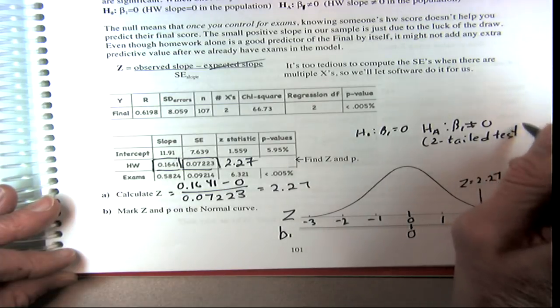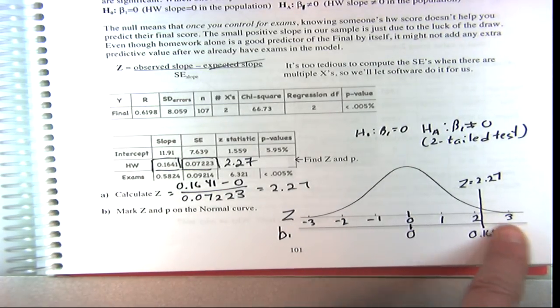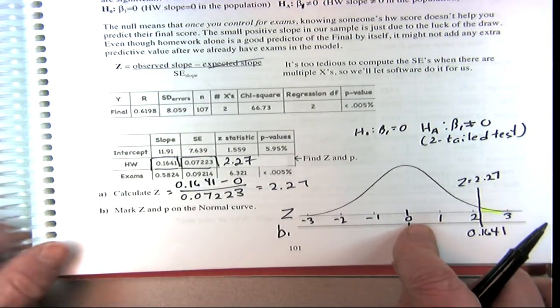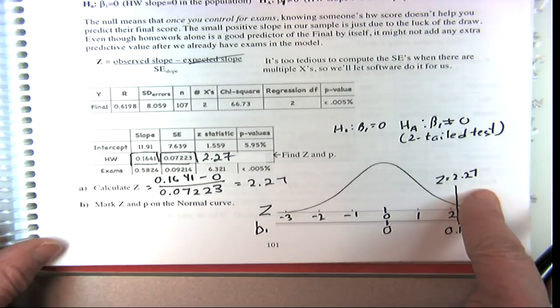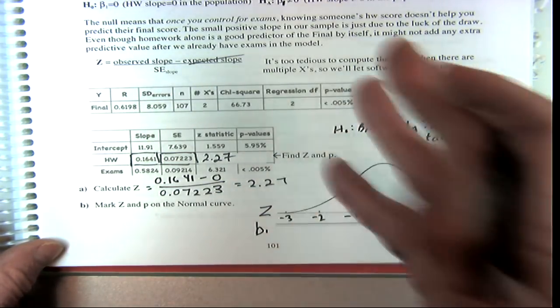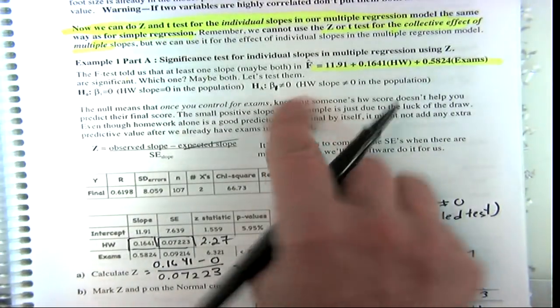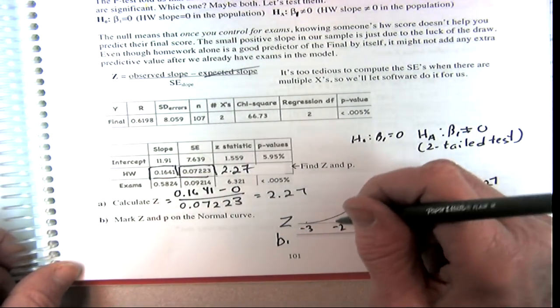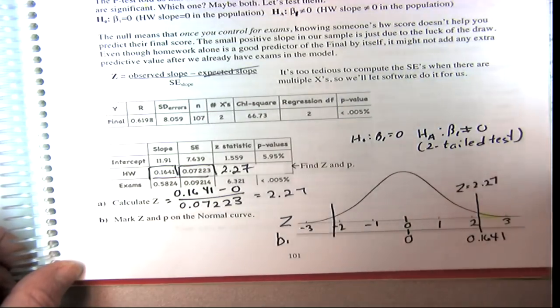So that means we have to take that tail. What our p-value is going to measure is the likelihood that we get as extreme a value as we did in either direction. That's just because that's what we wrote as our alternative. So we're going to put it on the other side too.